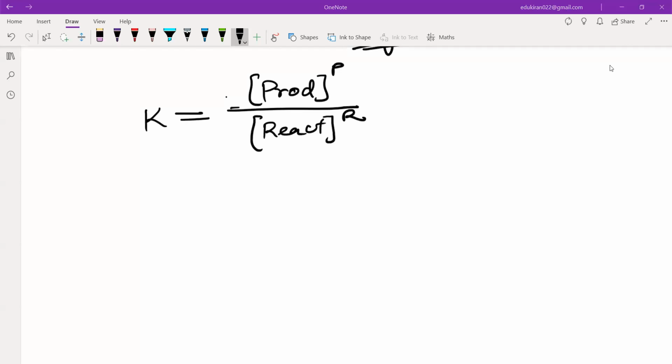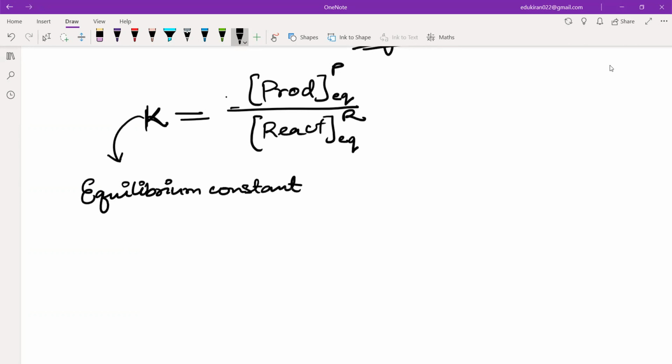Now please remember this K is only for the equilibrium: the equilibrium concentration of products and the equilibrium concentration of reactants. At that point, we define K equilibrium, the equilibrium constant.